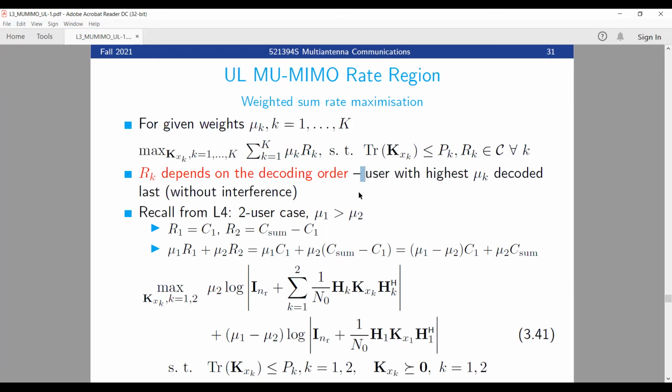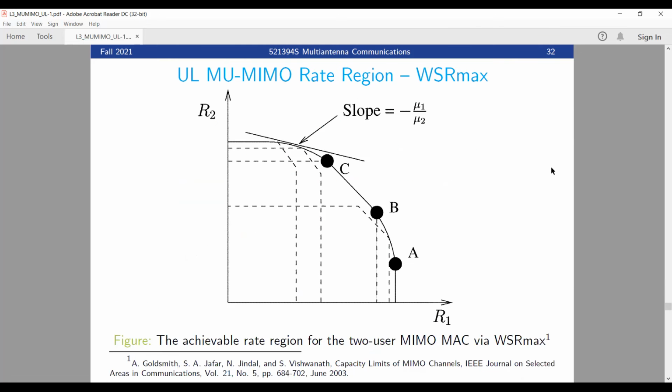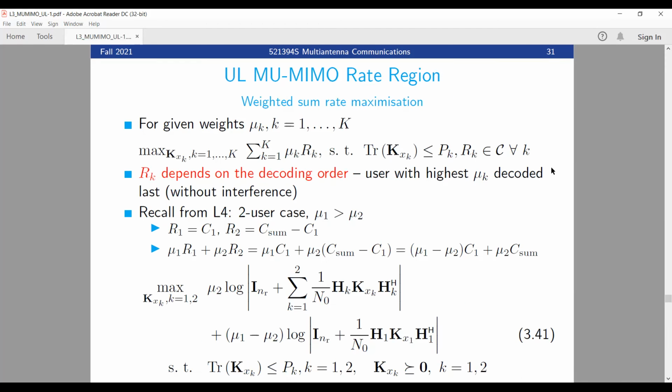The trace of the covariance has to meet the power constraint. And then the rates have to belong, this is the most important, to the feasible region. This is a complicated problem in general.